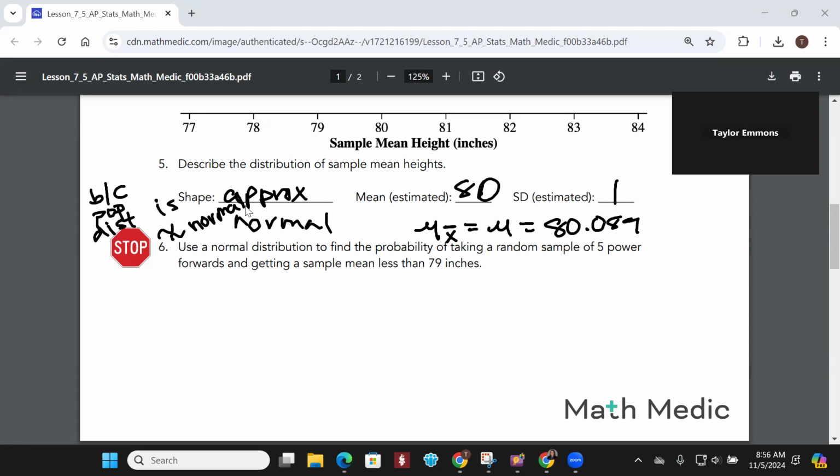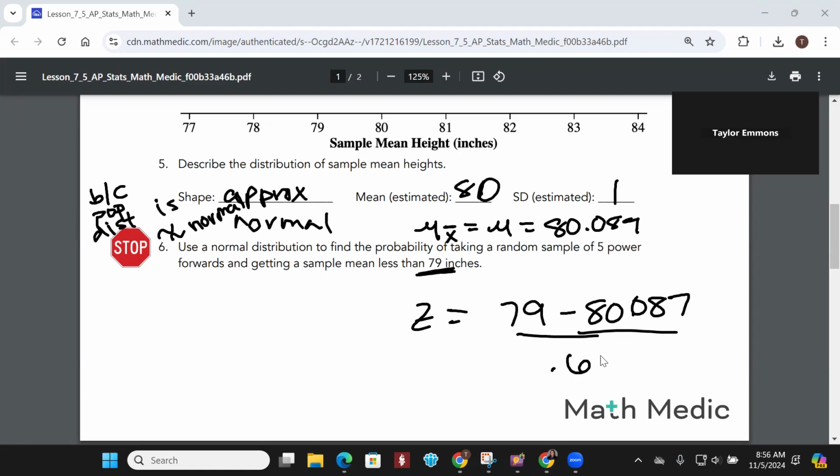All right, so we're going to use a normal distribution to find the probability of taking a random sample of 5 power forwards and getting a sample mean less than 79 inches. So we're going to find the z-score, and our estimate is 79. Our mean is 80.087. And we're going to divide by the standard deviation of x bar, which is sigma divided by the square root of n.